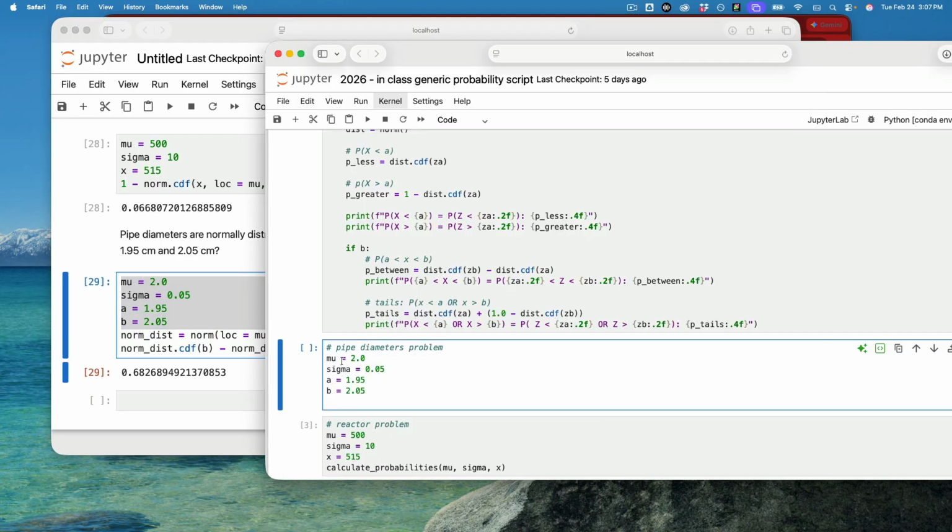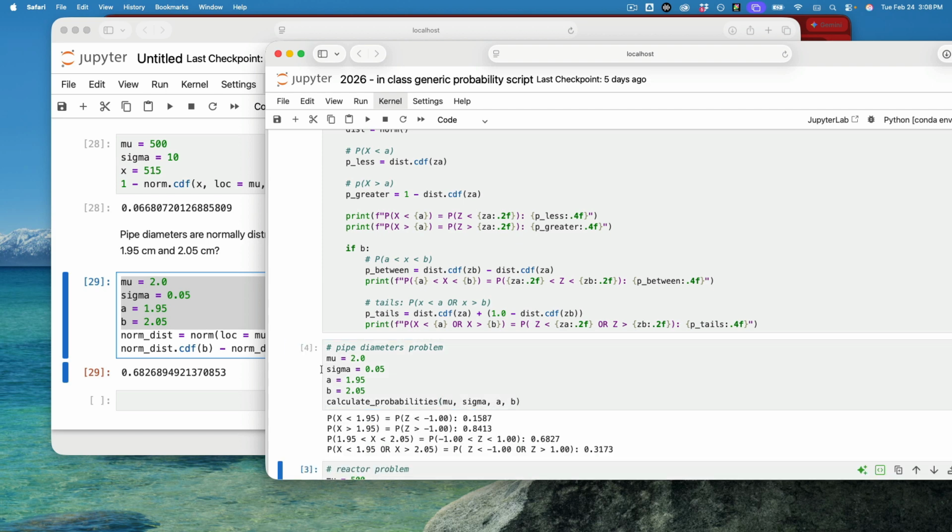Don't you wish you can copy paste in life? All right, calculate probabilities, mu, sigma, A, B. And then that gives you all possibilities. We are interested in only one of them, which is this one, P between 1.95 and 2.05.